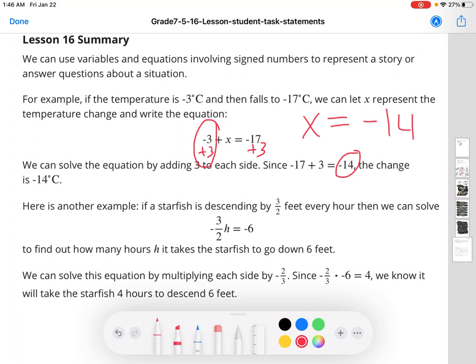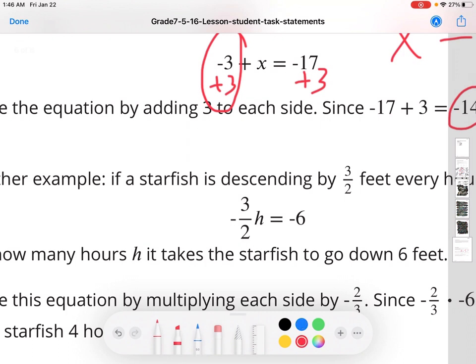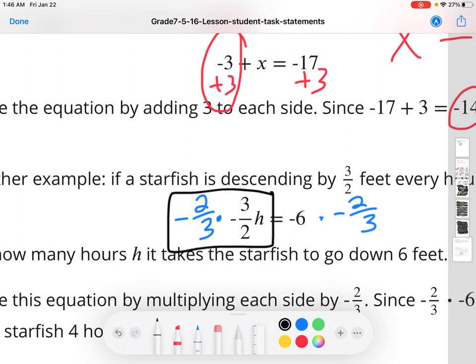On the next example, our equation is -3/2 times h equals -6. So we would use the multiplicative inverse and multiply by -2/3. And again, you must do it to both sides. So -2/3 times -3/2 equals 1.